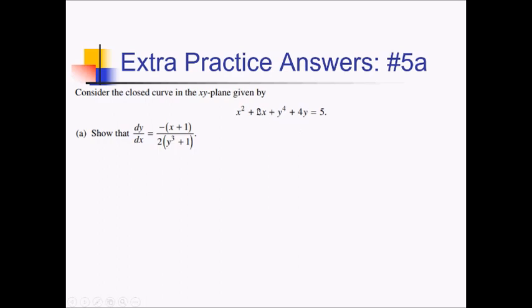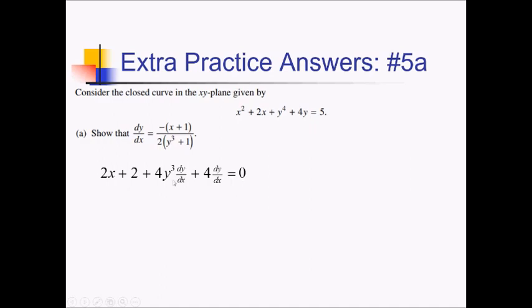So going from left to right, we've got 2x, the derivative of x squared, plus 2 plus 4y cubed dy over dx plus 4 dy over dx equals the derivative of a constant 5, which is just 0.